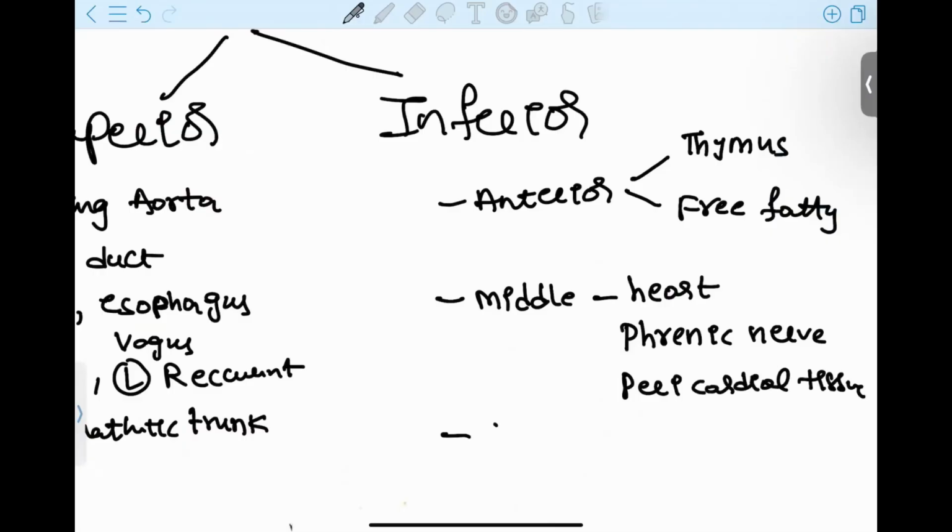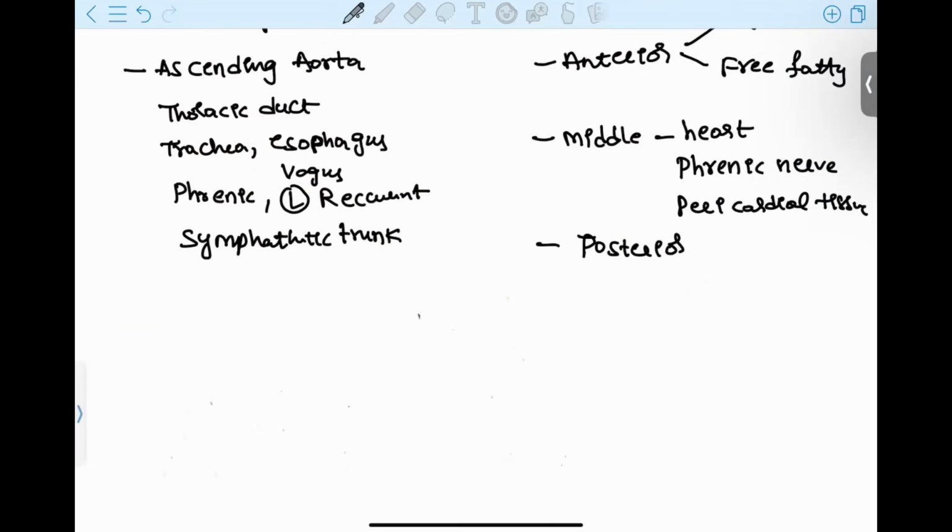And on the posterior side, mostly, except the trachea, most of the structures are the same. For example, the first thing is your esophagus. Along with that, instead of the ascending aorta, here the descending aorta is passing through.